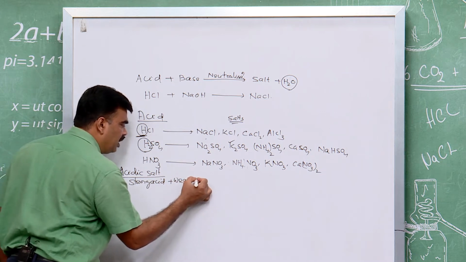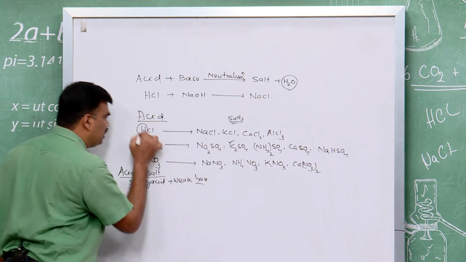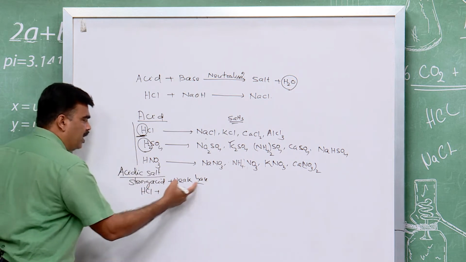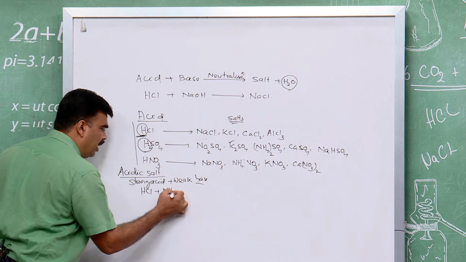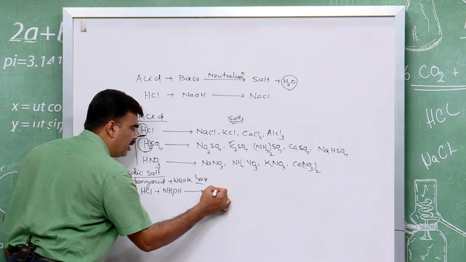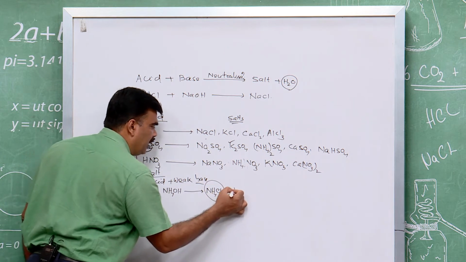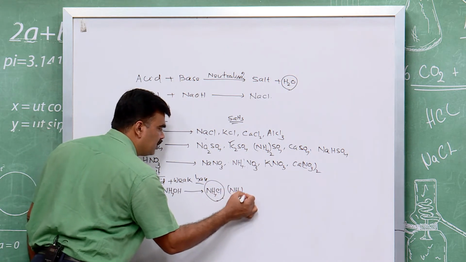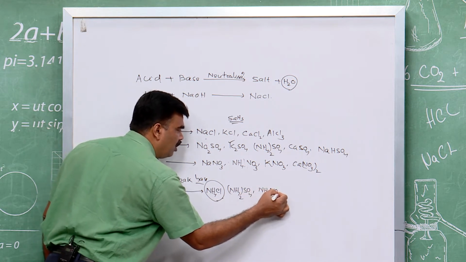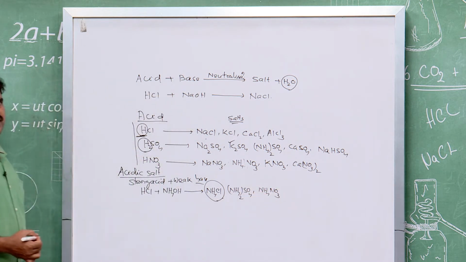Remember, strong acid and weak base. These are strong acids. If I take HCl and the weak base ammonium hydroxide, then I will get ammonium chloride, ammonium sulfate, ammonium nitrate. So these are all acidic salts.